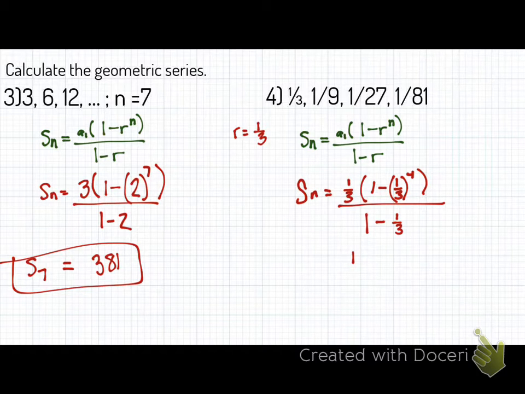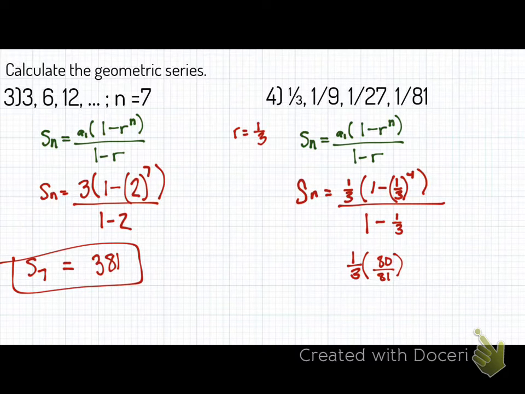Now, listen, what's 1 minus 1/81? Okay, let's think about this. If you had one whole pizza, children, and you divided it into 81 slices, and one person ate a slice, how many slices do you have left? 80. Right?